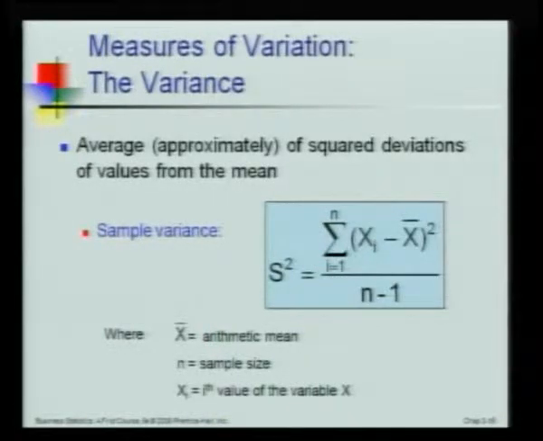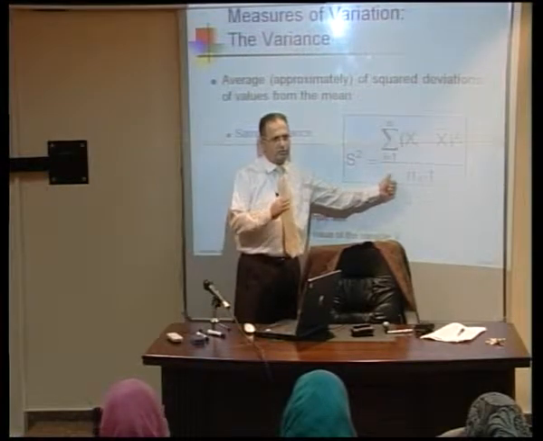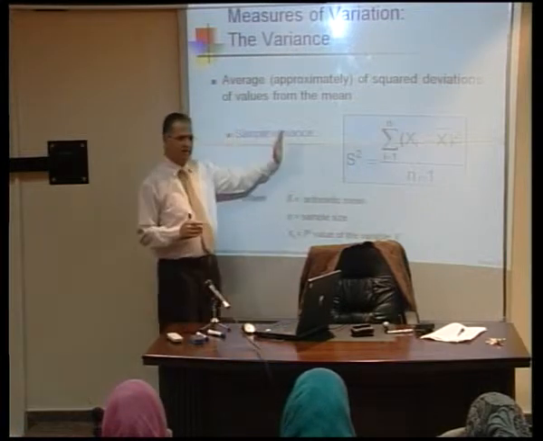Now, what's the reason for dividing by n minus 1? Later, inshallah, in around chapter 8, we'll talk about degrees of freedom. And in that case, we can explain in detail why we divide by n minus 1 instead of n. But also next week, we'll talk about population variance.